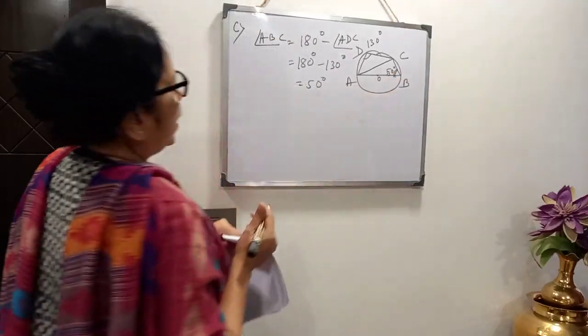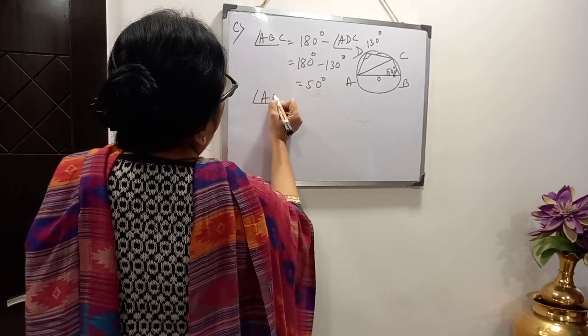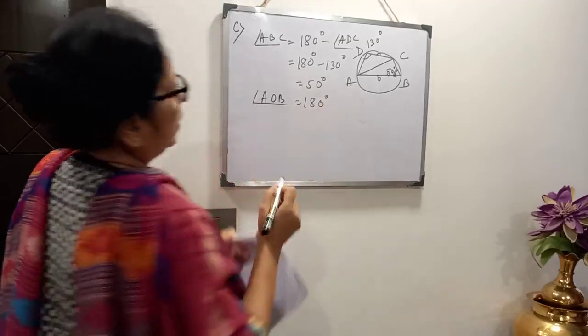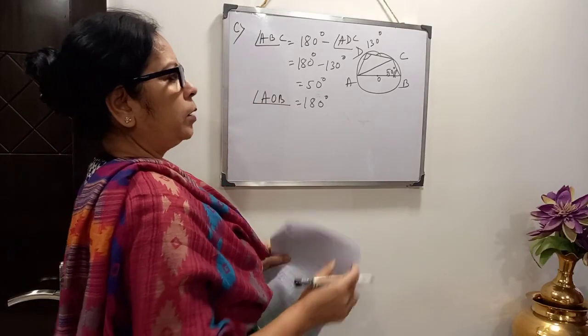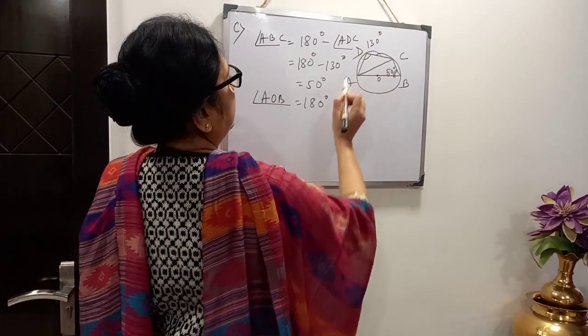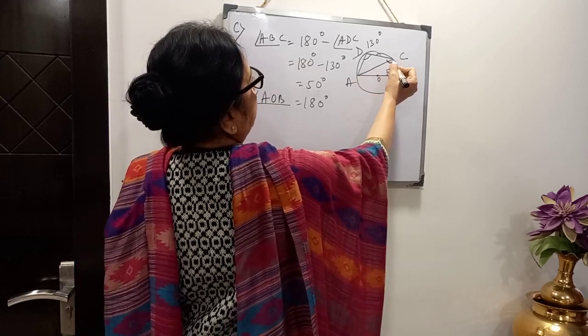Clear? And from the diagram it is clear, AB is the diameter, so angle AOB is 180 degree. Again, another property you know, that the angle at the center is double of the angle at the circumference of a circle.